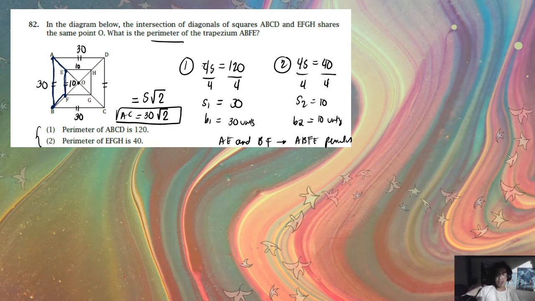That's also the same case with EG. So EG is the diagonal of the small square, and EF is equal to 10, and FG is equal to 10, we can say that the diagonal, so this is D sub 1, D sub 2, is going to be equal to s square root of 2, so that should give us 10 square root of 2.